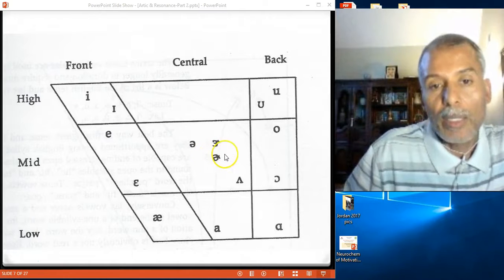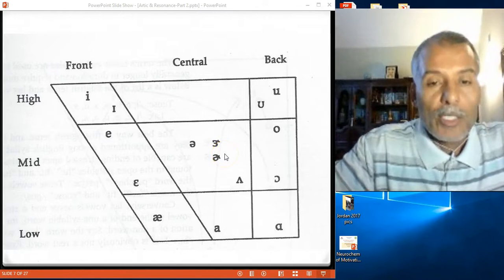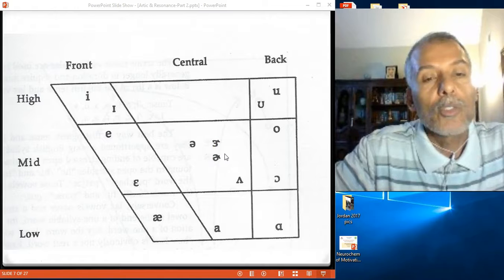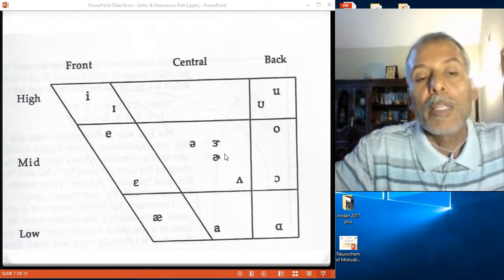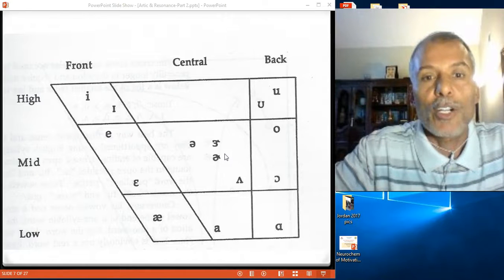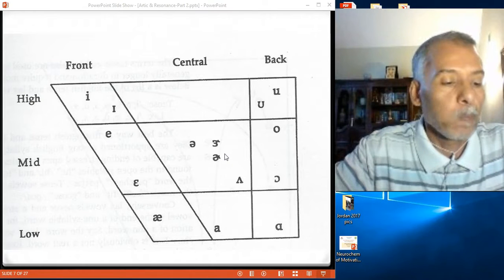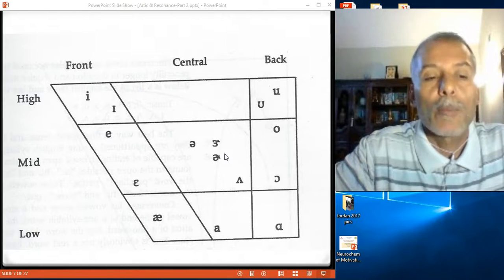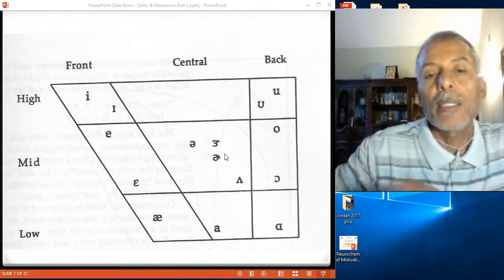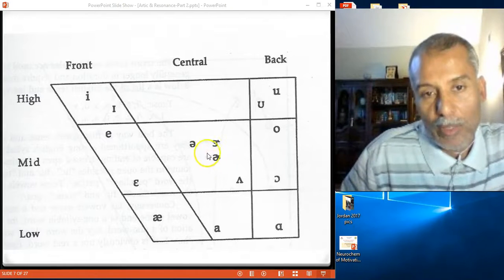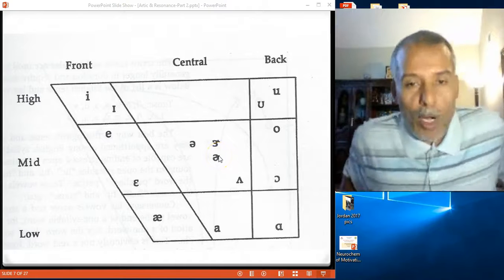The next one below it is the unstressed schwa, and one of the best examples are the final ER in words like platter, carpenter, butter, later. So at the end is that sound that is the unstressed schwa.